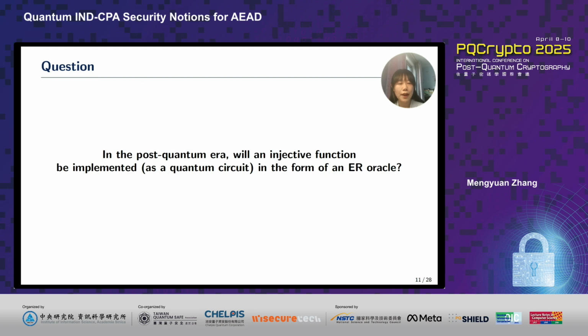We will provide specific examples later, where at least some authenticated encryption schemes, which are injective functions of plaintext input, can be efficiently implemented as an erasing oracle. Then, as long as such schemes exist, it makes sense to study the security of algorithms in this current model.